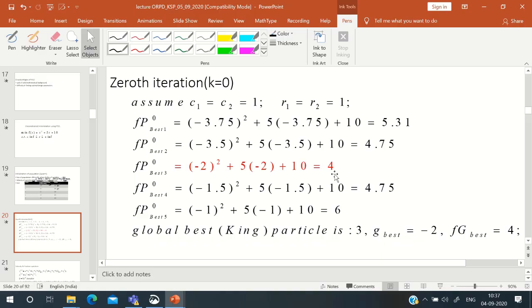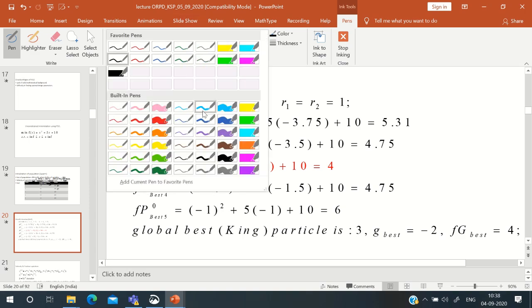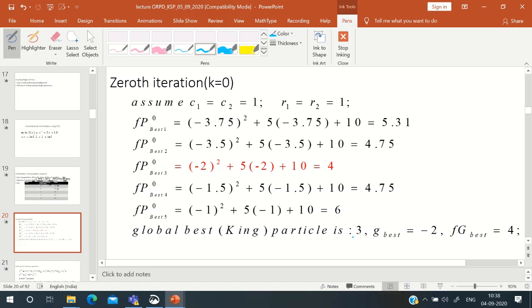I call this third particle, and its index means the roll number of the particle. So 3 is the index of the best particle. This 3 is the best particle, so the index is 3.